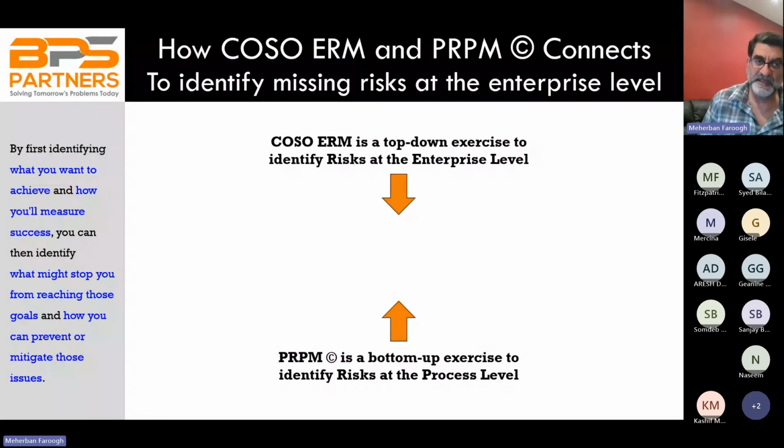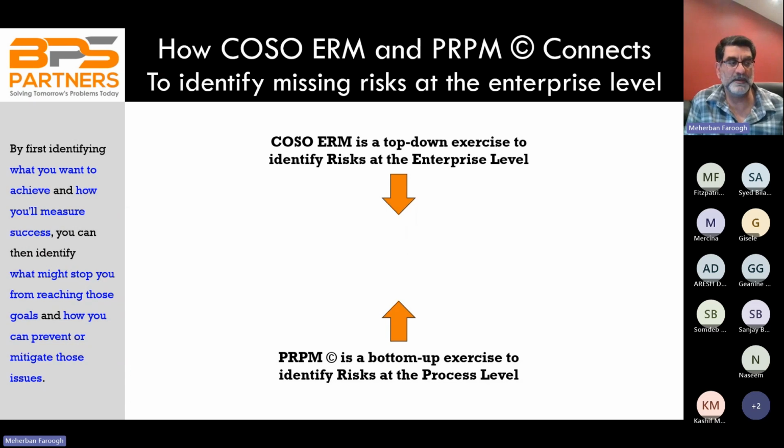You identify your subject matter experts and process owners, you have interviews, workshops, focus group sessions, you document the current state, identify the gaps, and then go through this PRPM exercise and figure it out bottoms-up. Now, a lot of what you discover at the process stage is quite detailed and not really relevant for an enterprise-level risk. But for some of the core processes, there are times when I've found certain risks are missed at the ERM level. So that's how you connect the two.